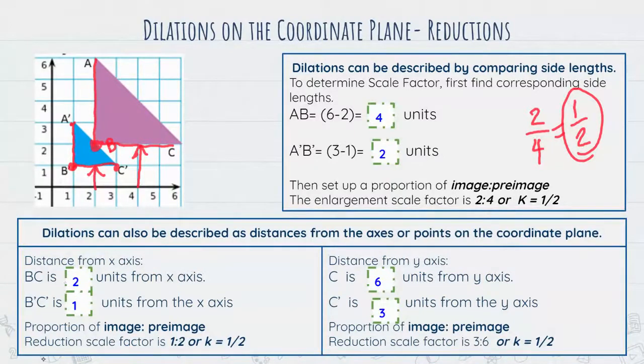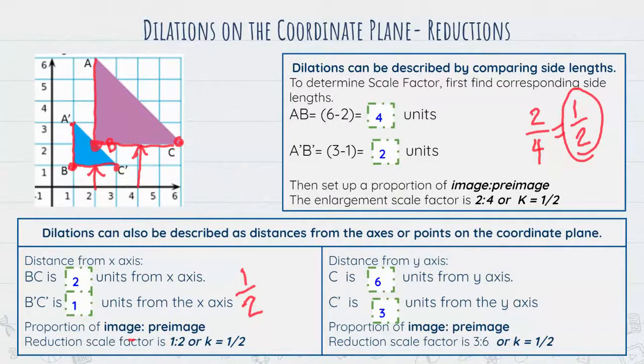So my image, which is my prime, over my pre-image, which is just BC, is 1/2. Same thing here. If we take from the y-axis, we can look at the point C here, which is 6 away. C prime is 3 away.